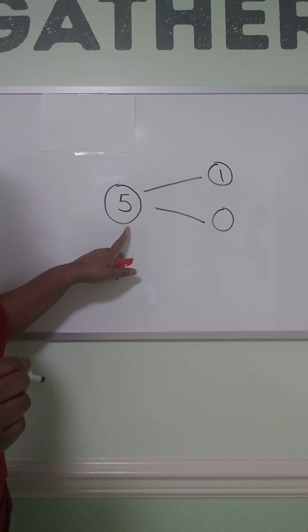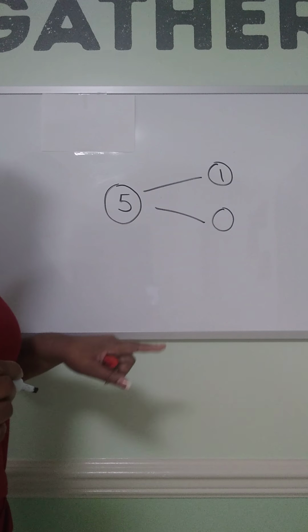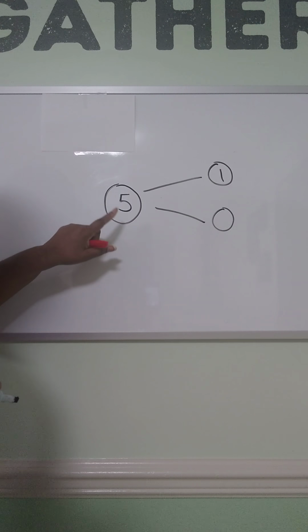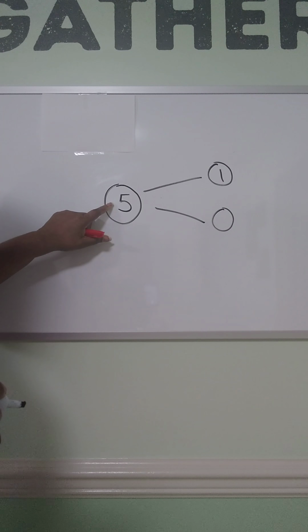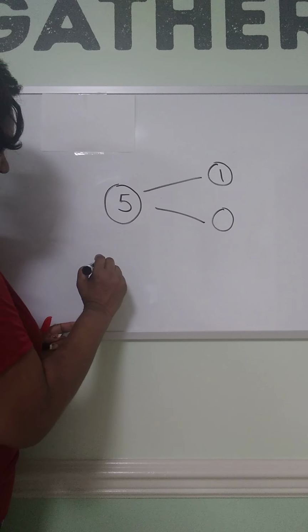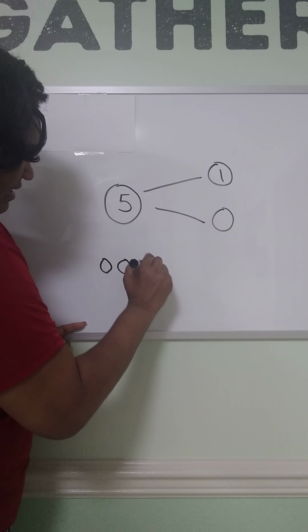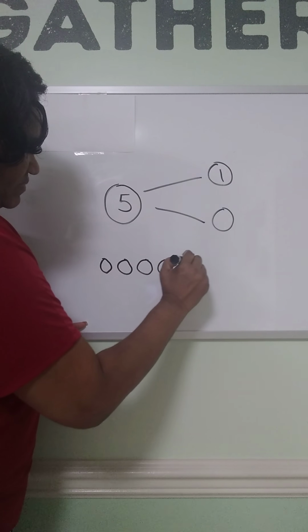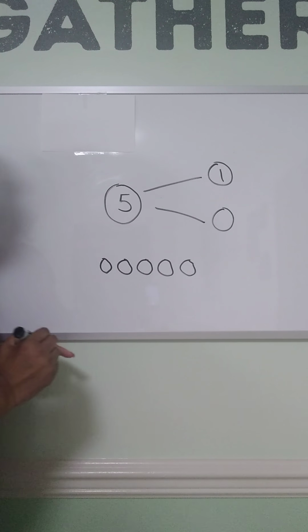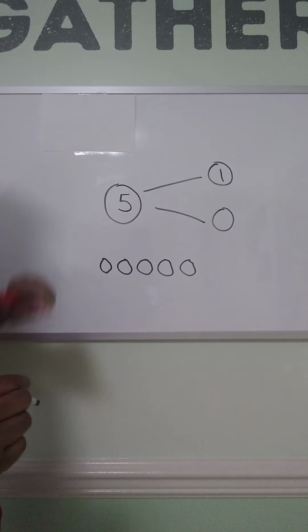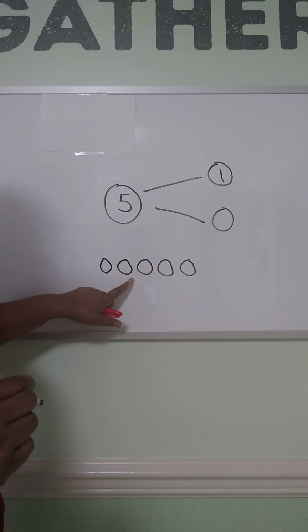So we have a 5 and a 1. So let's look at the whole number first. We're going to draw how many circles? 5. So let's count them. 1, 2, 3, 4, 5. Okay? We have 5 circles, just like that whole number says 5.